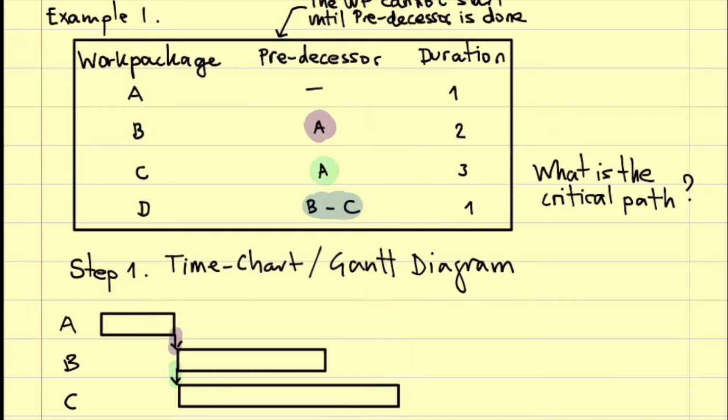And it takes also 1 time unit. So there we go.